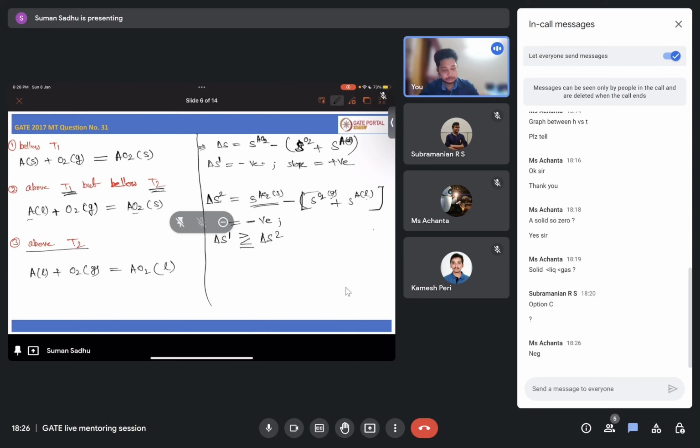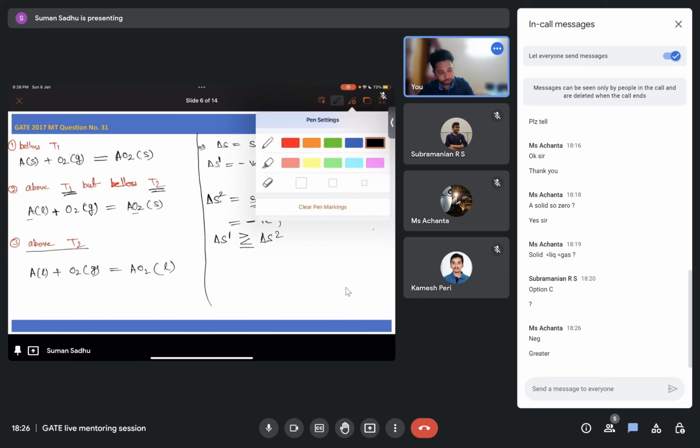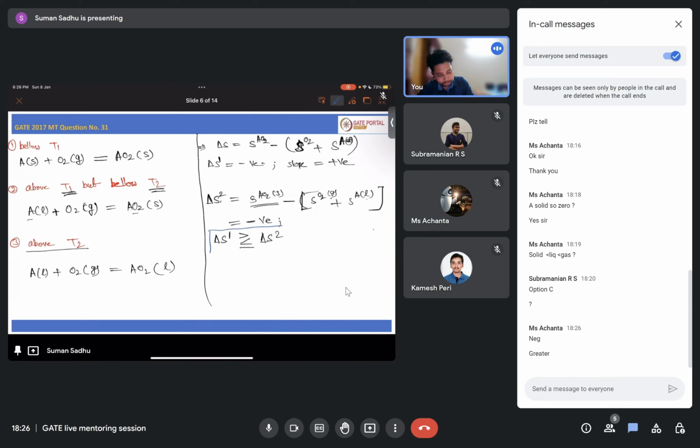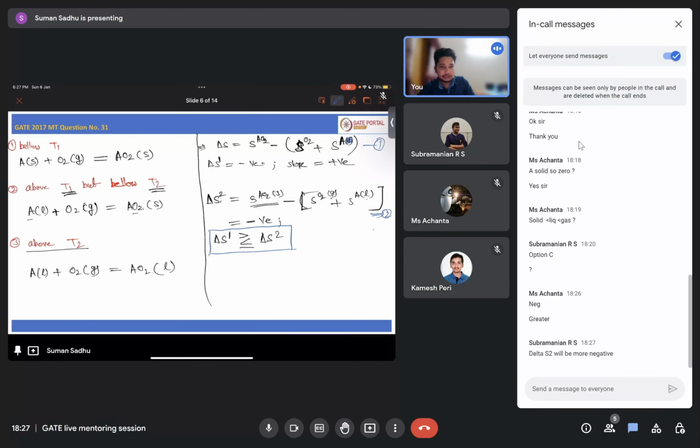You can see from these two different equations, 1 and 2, the only difference is that initially it was solid, now it becomes liquid. So when A is becoming liquid, delta S2 will be more negative. Is it?